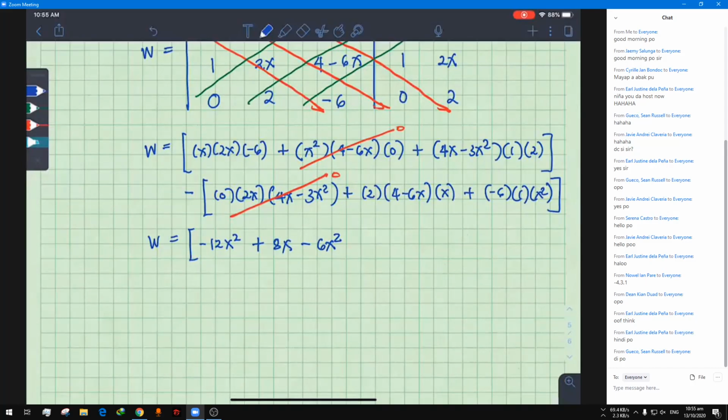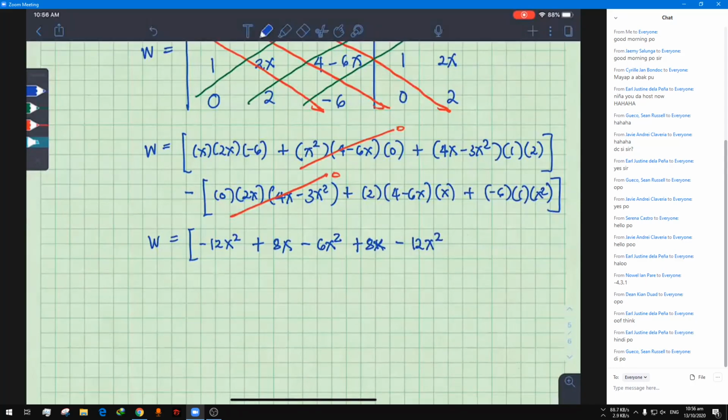Okay, tapos we'll have 2 times 4 times x, so plus 8x. Then minus 2 times 6, so 12x squared.